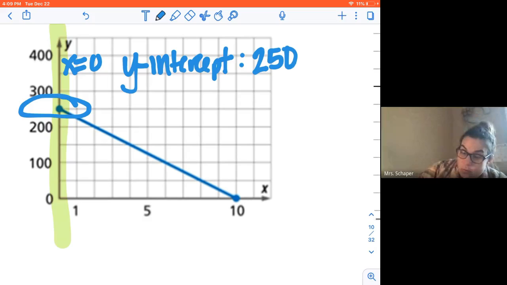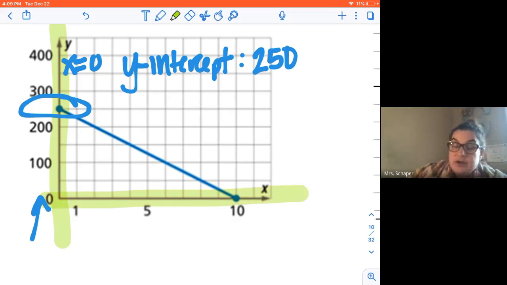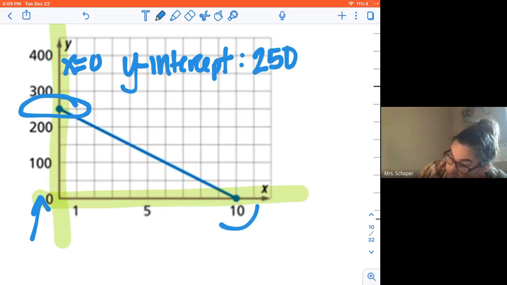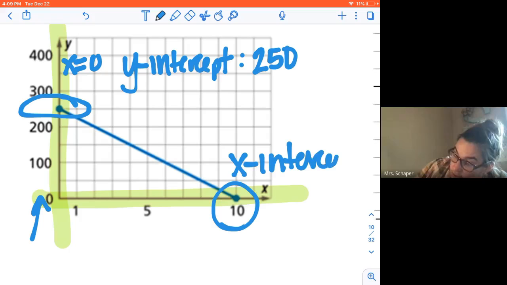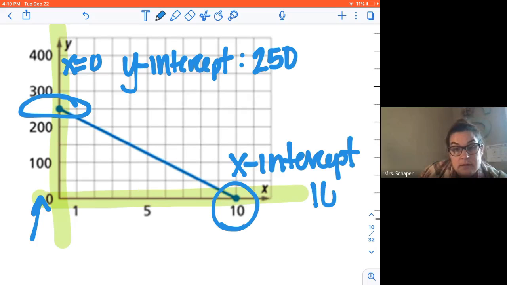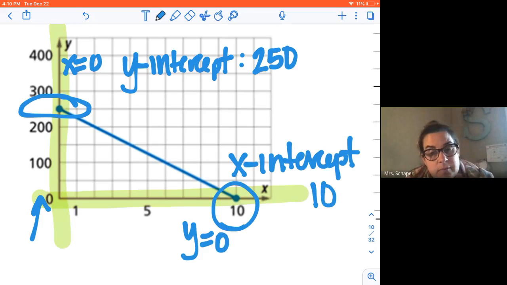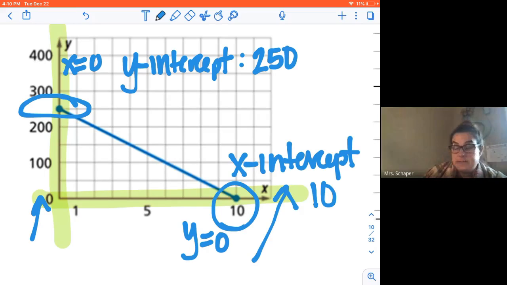It crosses the y-axis at 250. Now I want to see where it crosses the x-axis. It's going to cross the x-axis at 10. So my x-intercept is going to be 10, and that's when y equals 0. Y equals 0 when I'm finding my x-intercept.